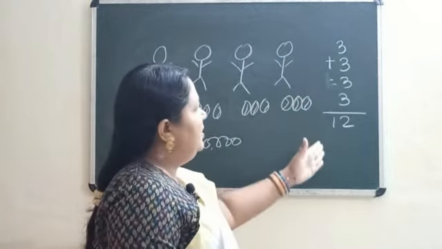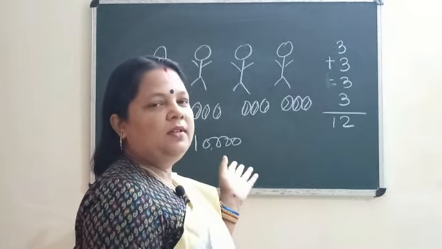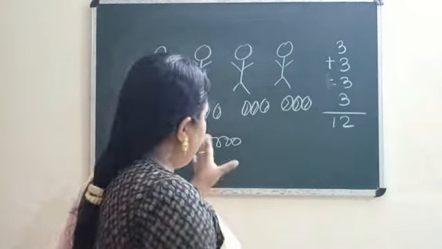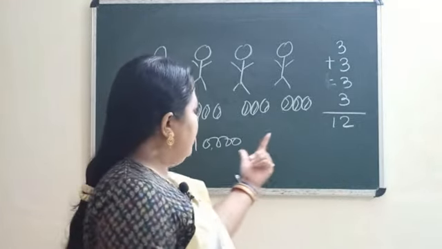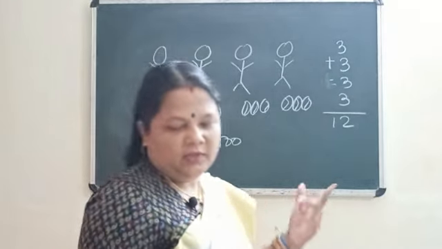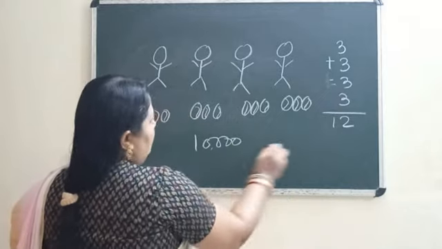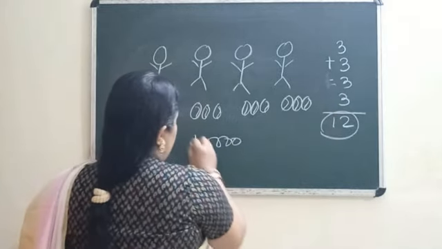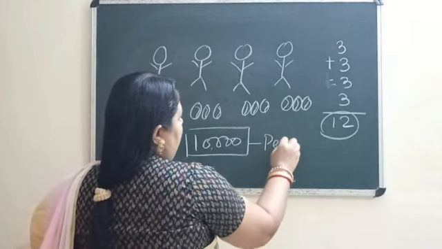We will add this 3, 10,000 times. Yes or no? We can add, but it's a lengthy process. So instead of that, we can do it in a shortcut method. We are going to discuss how to find the number of balls if we are calculating for 10,000 people.